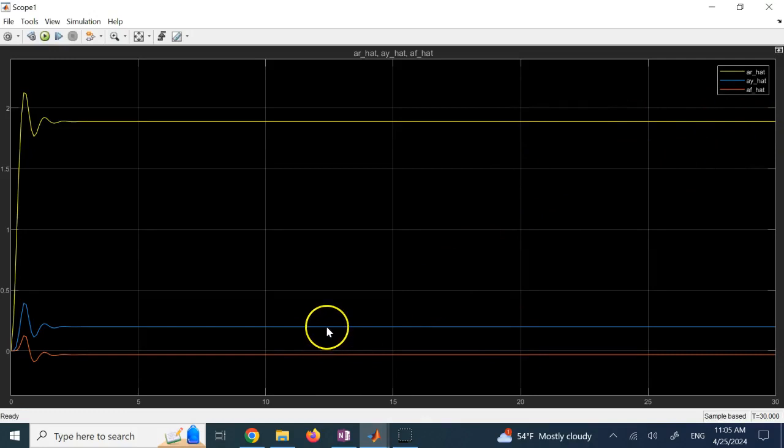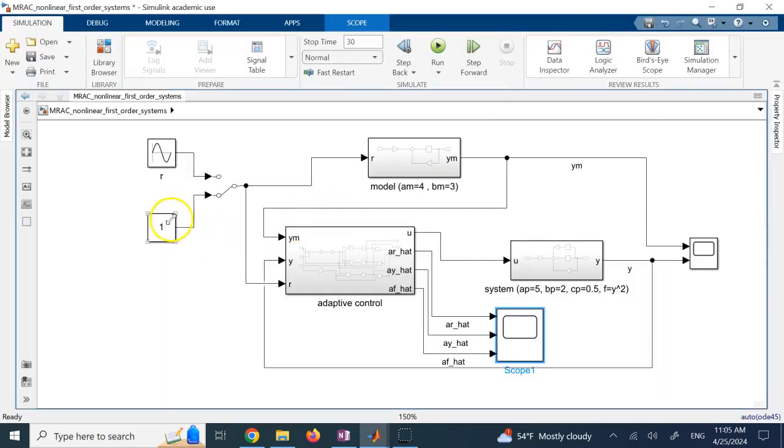The blue one does not go to 0.5, only is about like 0.23 or something, and the red one doesn't go to 0.25. It's actually negative, like negative 0.1 or something. So none of my parameters are going to go to their actual values, right? The only thing that I will get is 0 tracking error. So this one is persistently exciting, this one is not.